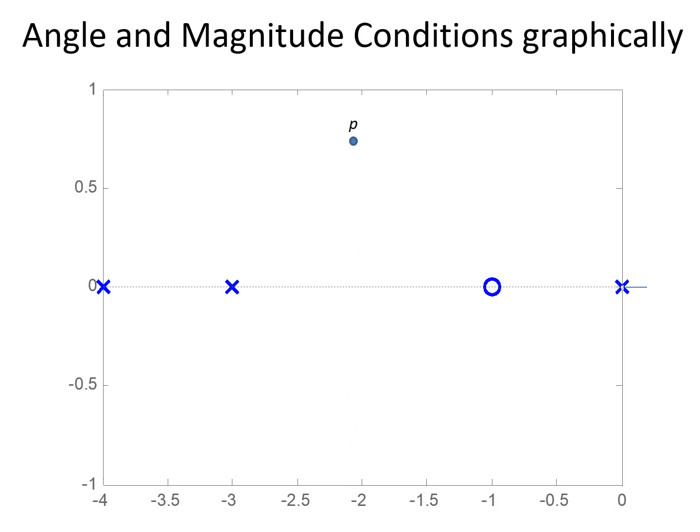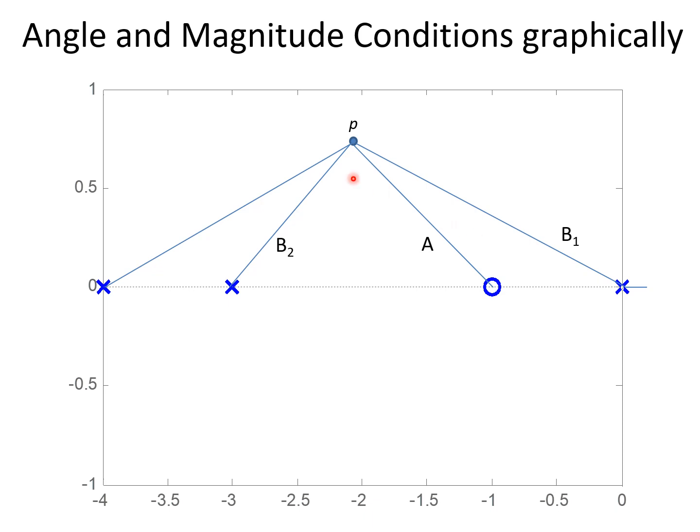Now let's verify this. I am taking the same diagram. One way is to determine the angle by measuring it. Another way is to find the length of each line with respect to the poles and zeros.